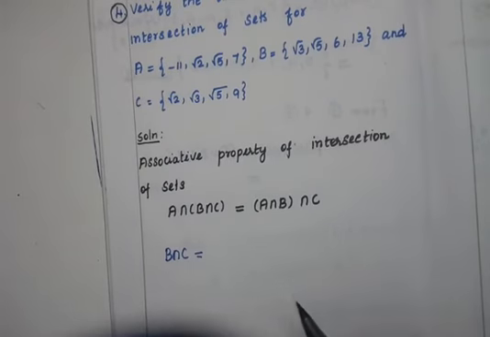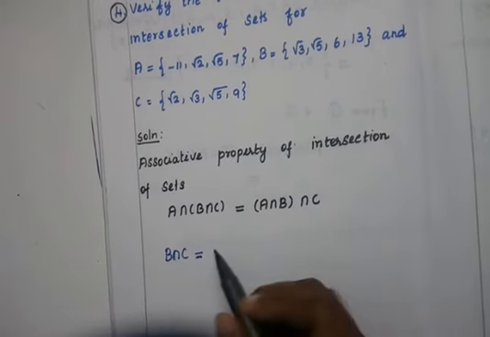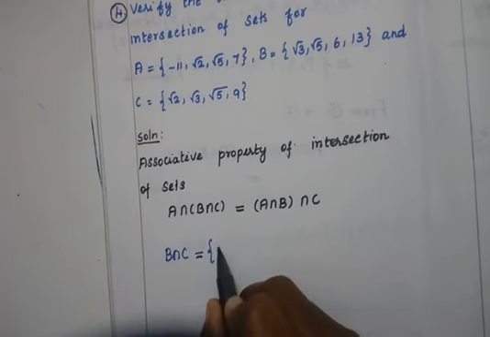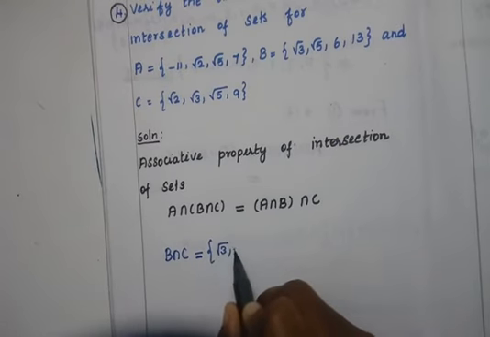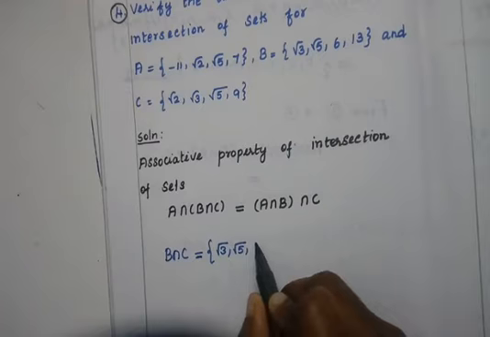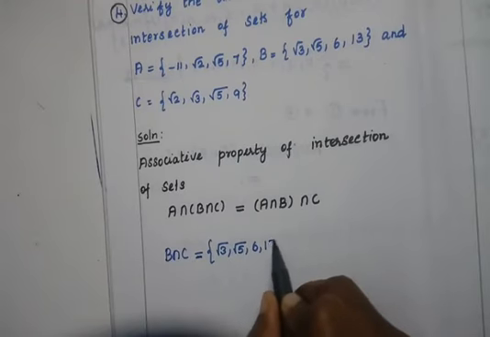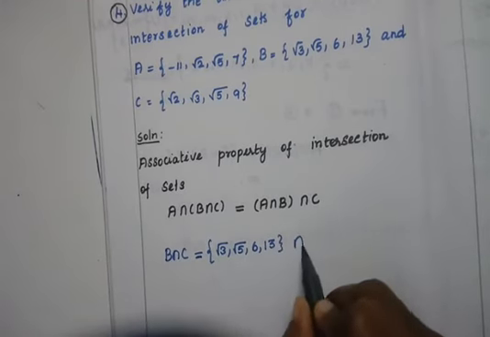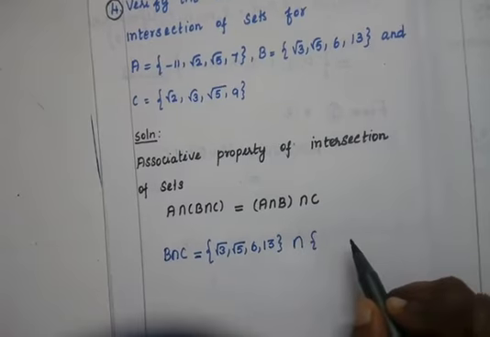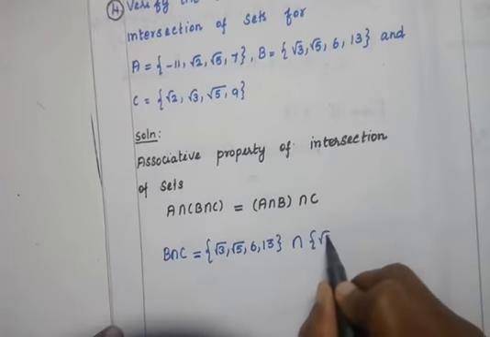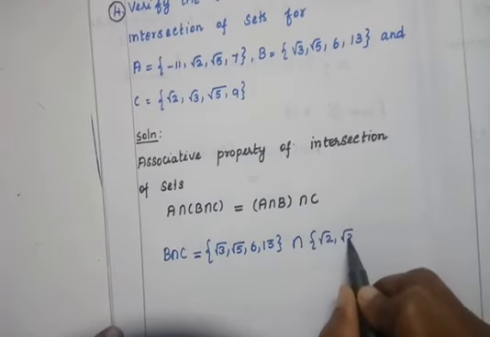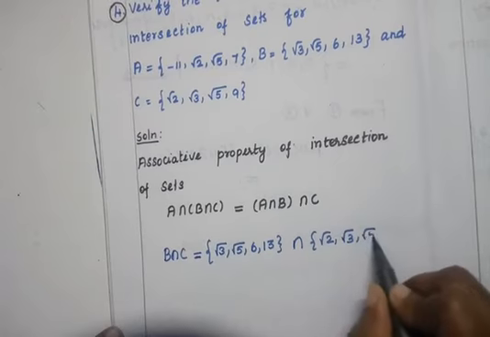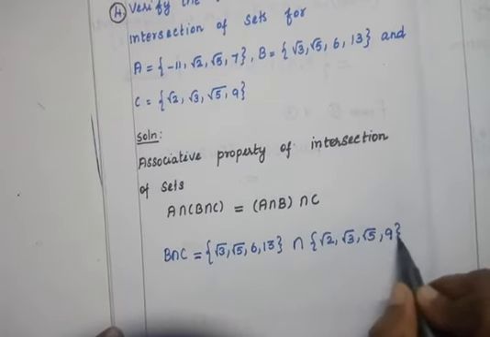B intersection C equals, what is the B set? {√3, √5, 6, 13} intersection, and the C set is {√2, √3, √5, 9}.